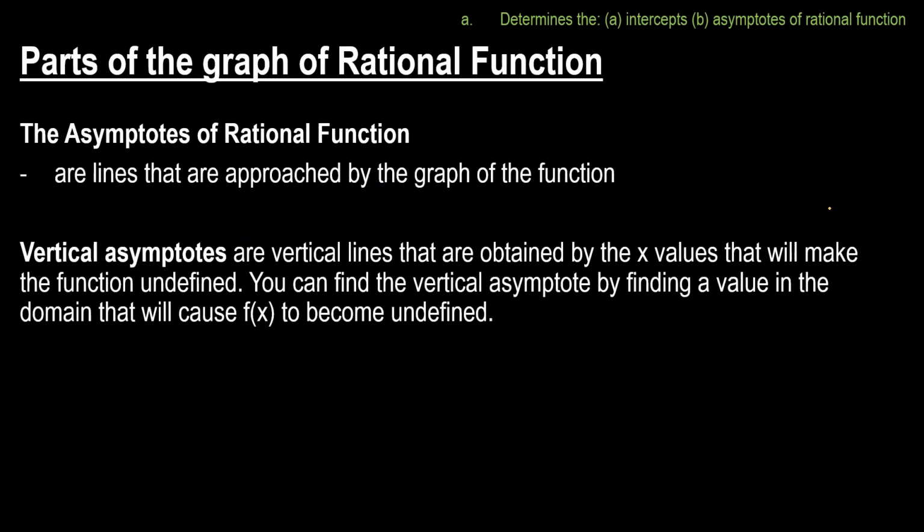Now let's proceed to asymptotes. What do we mean by asymptotes? An asymptote of a rational function is a line or lines that are approached by the graph of a function.